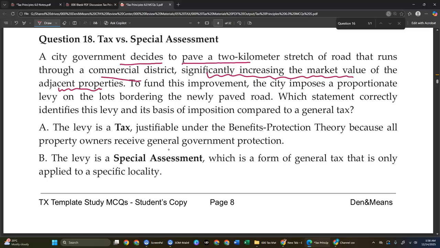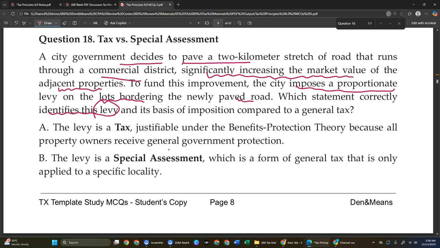Now, to fund this improvement, the city imposes a proportionate levy on lots bordering the newly paved road. The question is, which statement correctly identifies the levy?